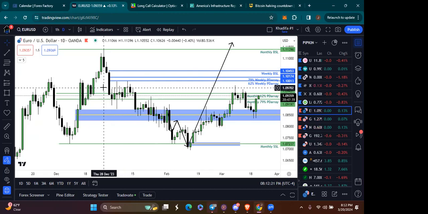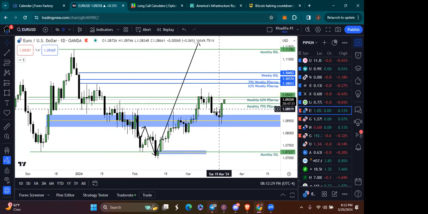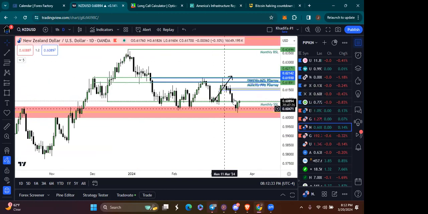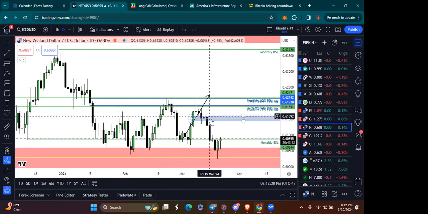Euro's monthly high was created on the 28th too. I'm tripping. Yeah, all of them were created on the 28th. So as you can see, Euro hasn't ran its monthly buy side liquidity that was created on the 28th, and neither has NZDUSD.